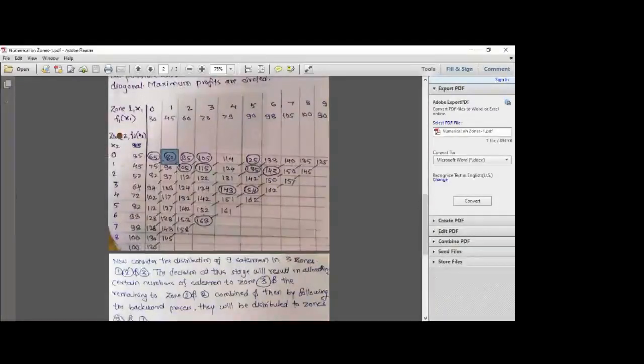So 0 plus 1 is nothing but 1, and with the associated profits, 35 plus 45 is equal to 80. Similarly, the other combination for putting one salesman is 1 plus 0.